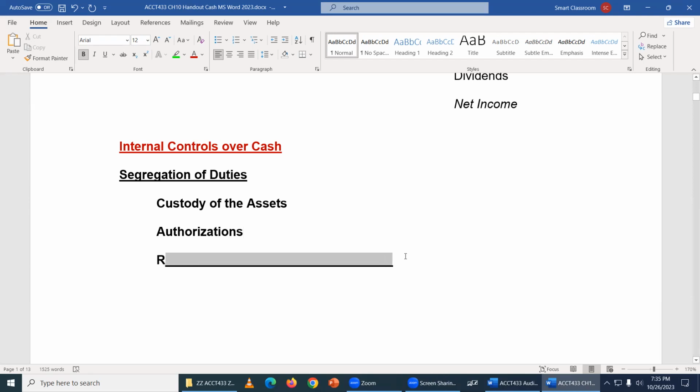And the last one is record keeping. I think it's one word. Record keeping. So custody of assets: this is whoever owns the assets. For instance, cash would probably be the Treasury Department.